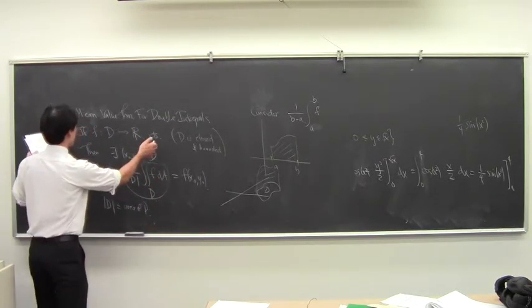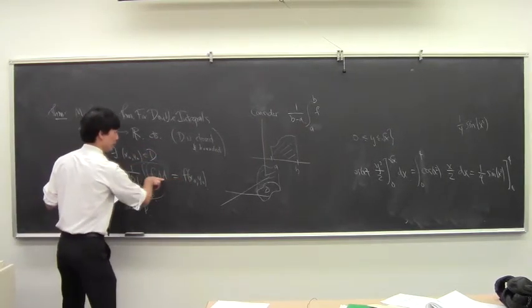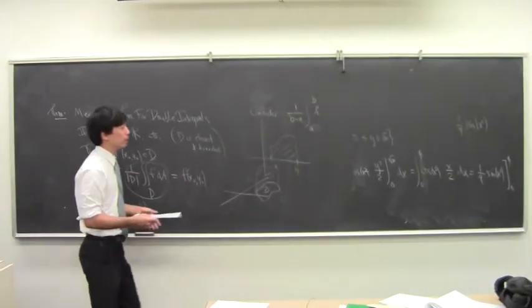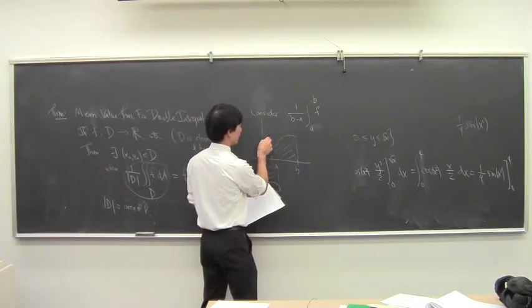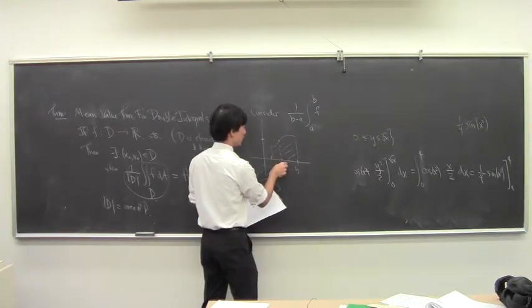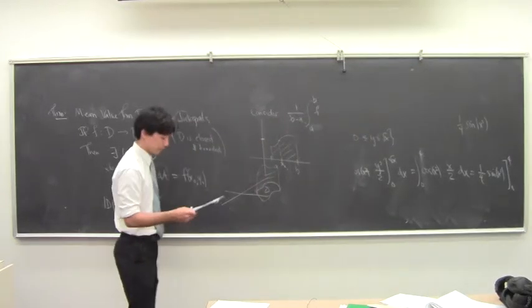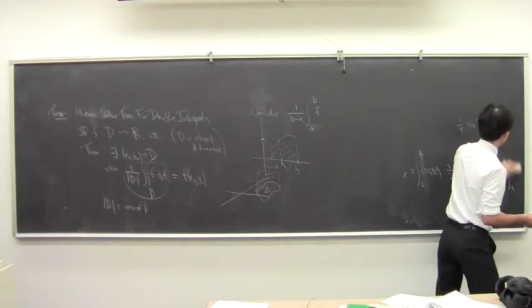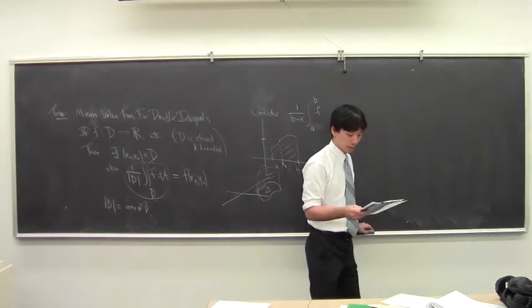What this theorem says is that there is some point where the mean value actually occurs, like the mean value in this one variable picture. The mean value is somewhere around here, and indeed there is a point where the mean value is hit. So this is the mean value theorem for integrals, for double integrals.